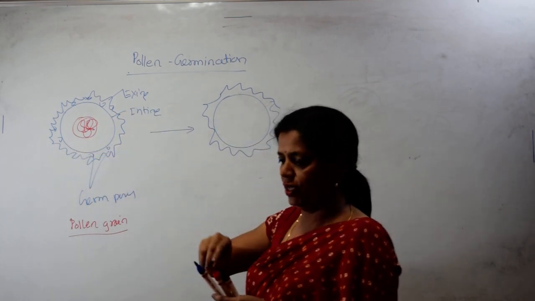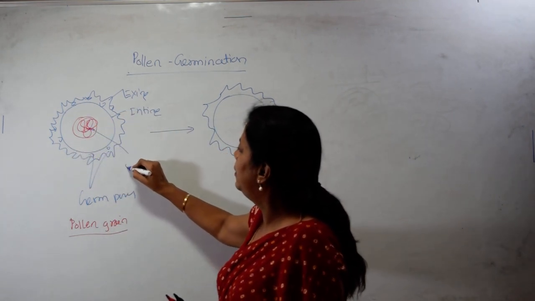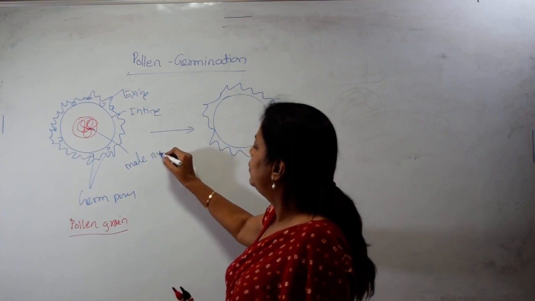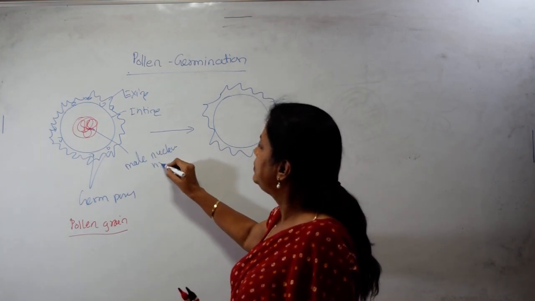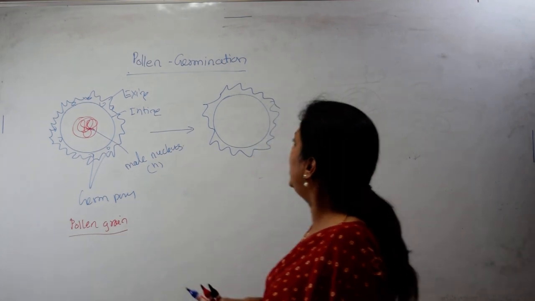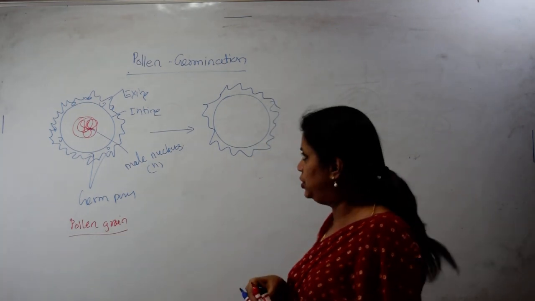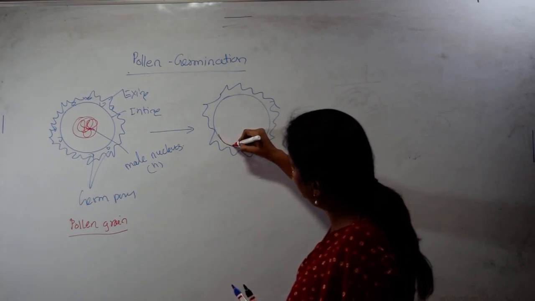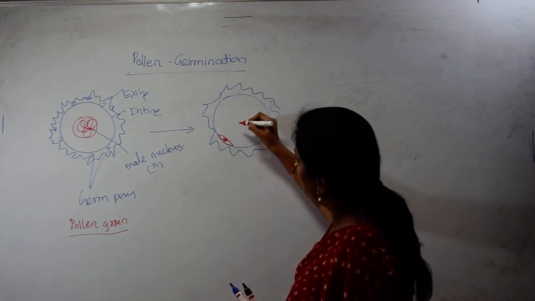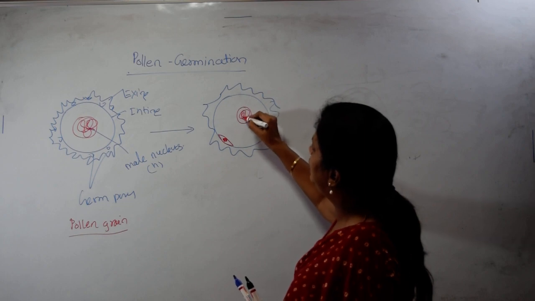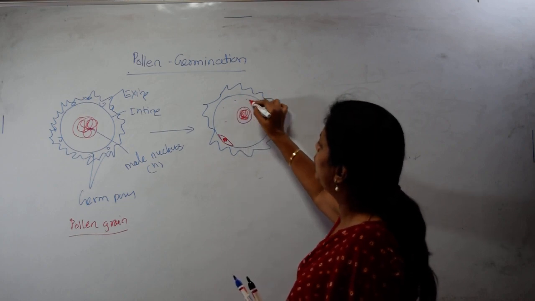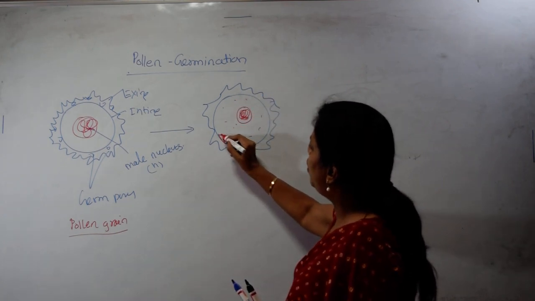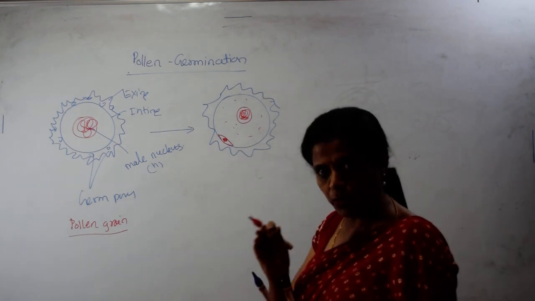This is the male gametic nucleus, which is haploid. It will undergo an unequal division. One very small cell is formed, and one large one with most of the cytoplasm and nucleus. The smaller one formed will be attached to one corner.